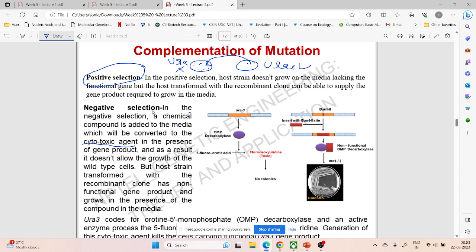Therefore, it is a negative selection. So in negative selection, your wild type is not able to grow because of the presence of the cytotoxic agent. But your recombinant does not have that functional gene. Therefore, it is able to grow. So in positive selection, you have a functional gene, and in negative selection, you have a non-functional gene.